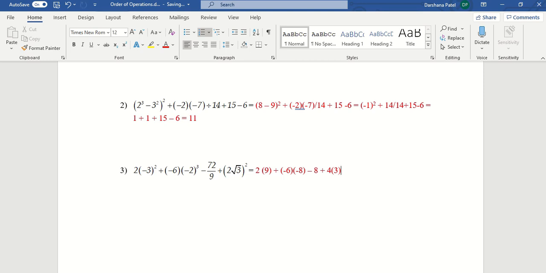So in our case, 3. Okay. Simplifying this further, 2 times 9 will give me 18. 8 times 6 will give me 48. Negative, negative will make it positive. Subtract 8 plus 12. 18 plus 48, subtract 8 plus 12 should give us 70.